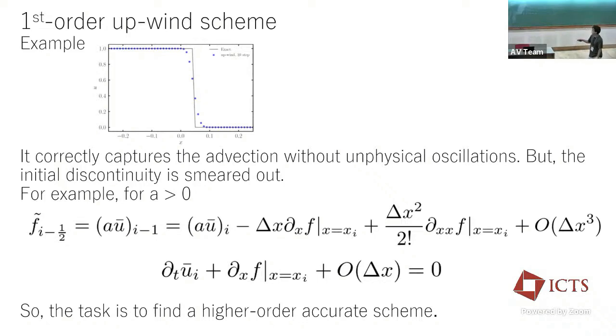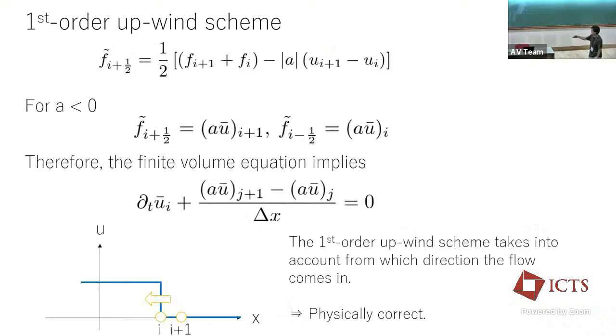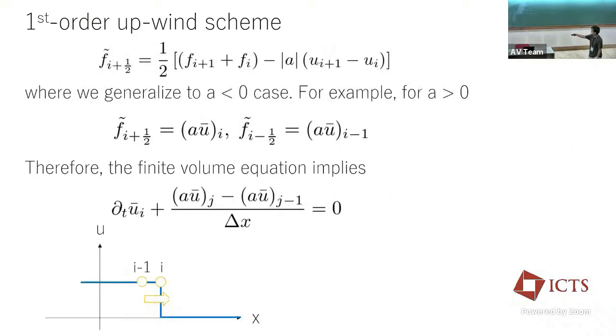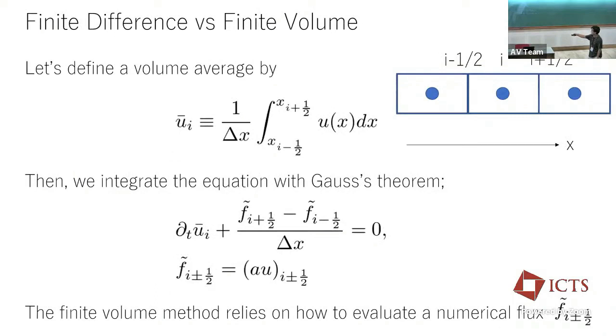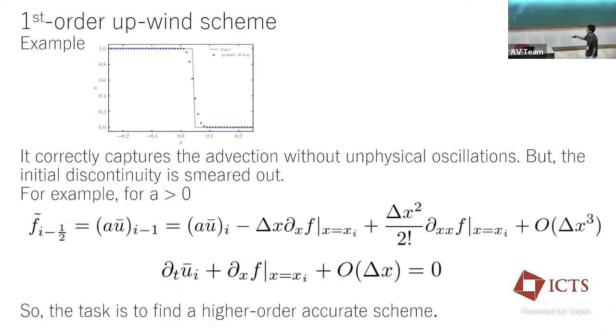Which means that if you plug this expression into this one, you can estimate the truncation error, which determines the accuracy of the solution. Then you get that the truncation error is first order. First order means it depends on delta x to the power of unity.